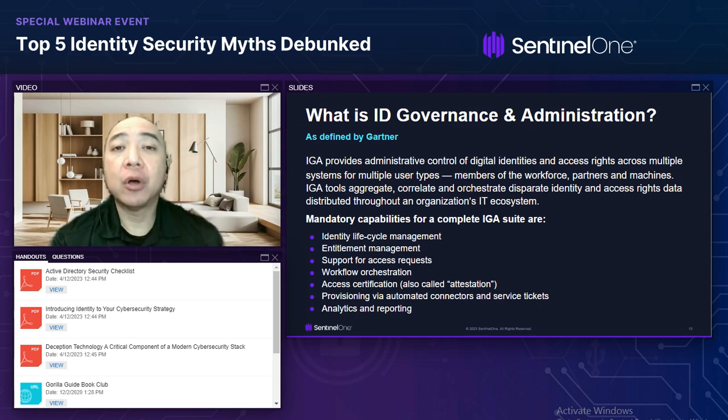It helps with the workflow, so all of this is done smoothly and people can get onboarded easily. You've got access certifications or attestations saying, yes, I've done the appropriate things. You've got analytics and reporting, you've got auditing, etc. These are all compliance requirements that you can meet with an IGA solution. But they don't protect or secure identity. There's nothing in here about identity security.